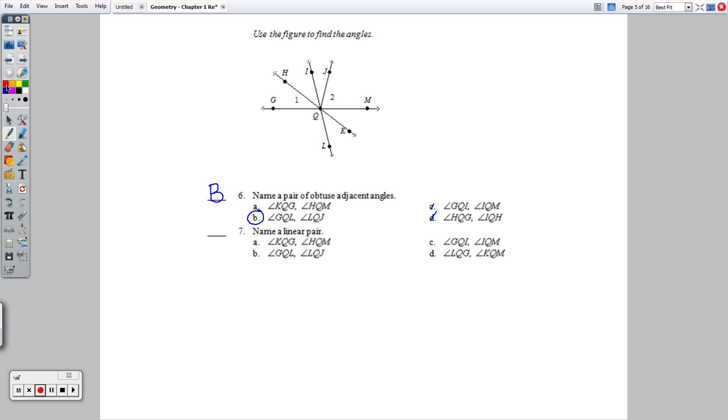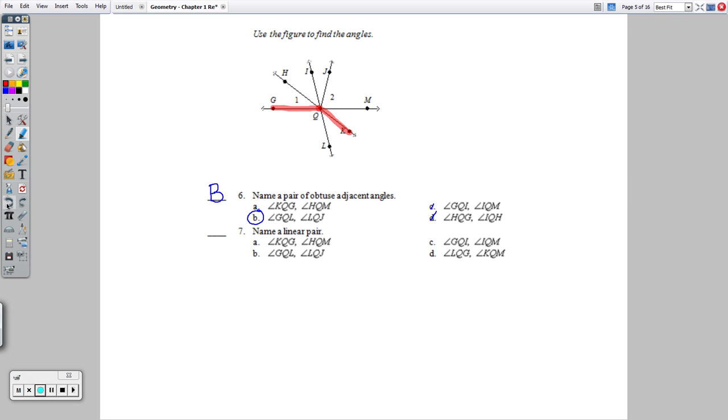Alright, let me get out highlighter colors here again. KQG. Where we go? There we go. KQG. Right there. So we'll draw that angle. Is that a linear pair with H, Q, and M? If I draw that out, that'd be that angle. Is that going to be a linear pair?